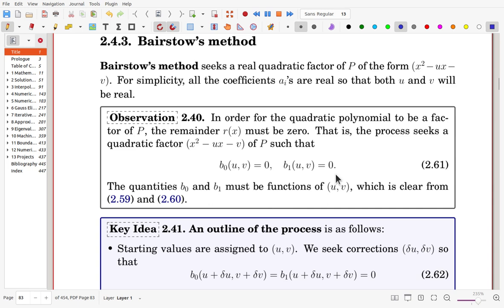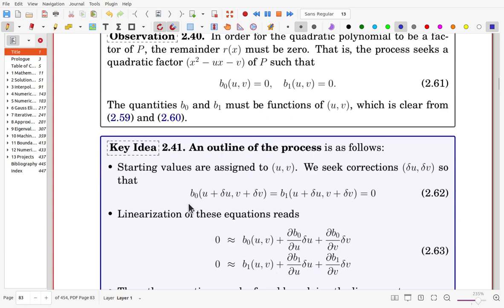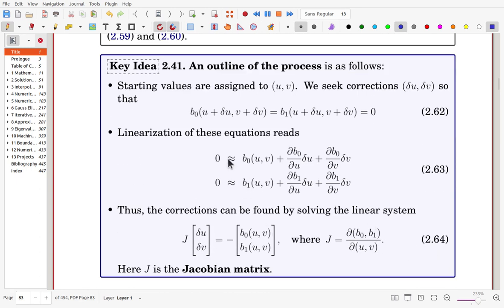So we have to find and update u and v such that eventually b0, b1 converge to 0. Now, for given u, v, we find correction terms, correction vectors for u and v, so that we make b0, b1 zero. Exactly the same as for the earlier linear factors, here we linearize by using Taylor expansion.